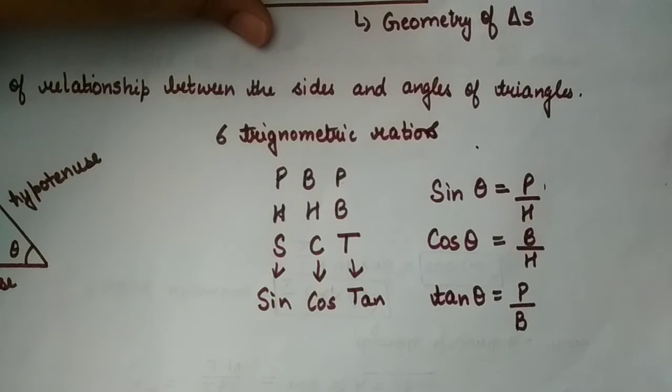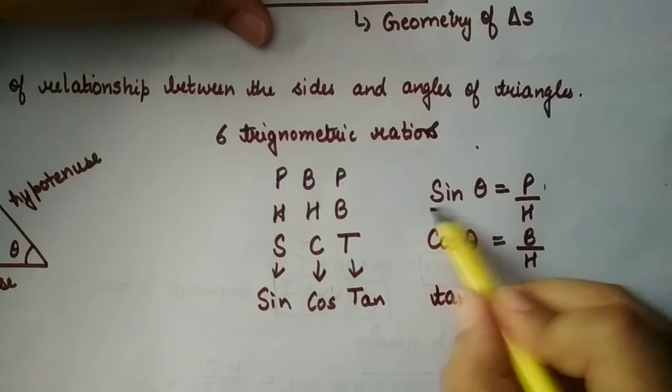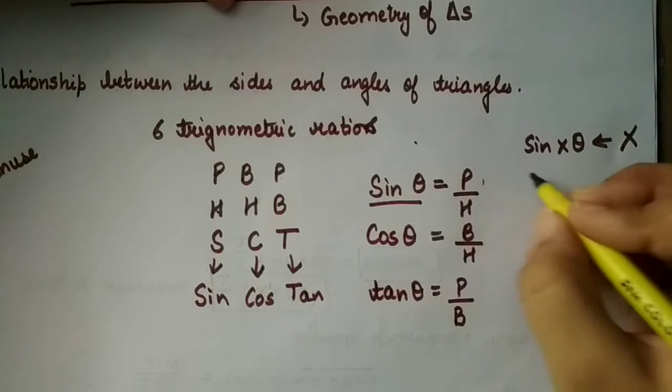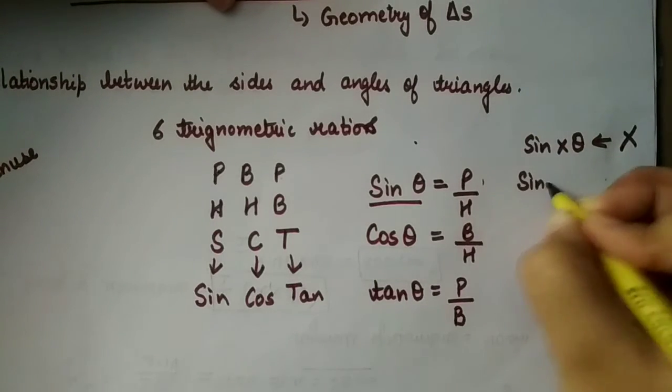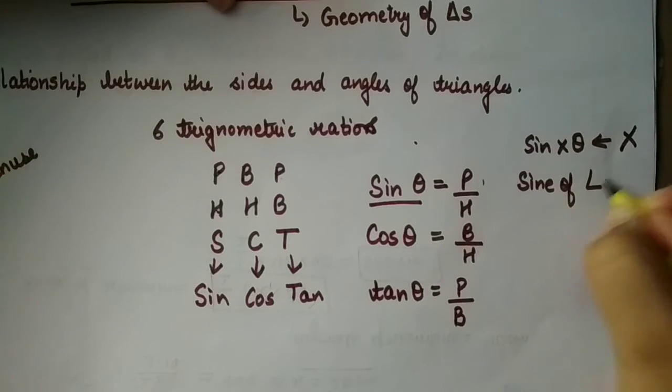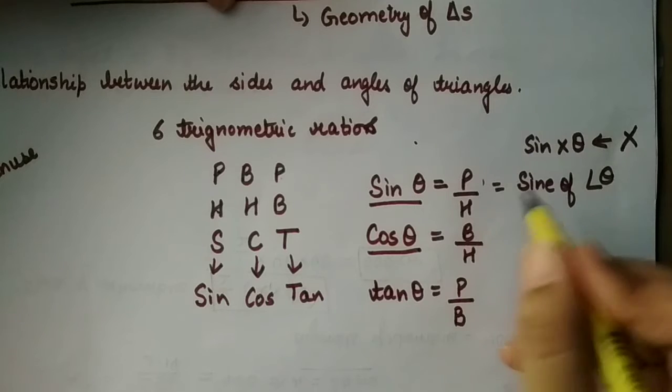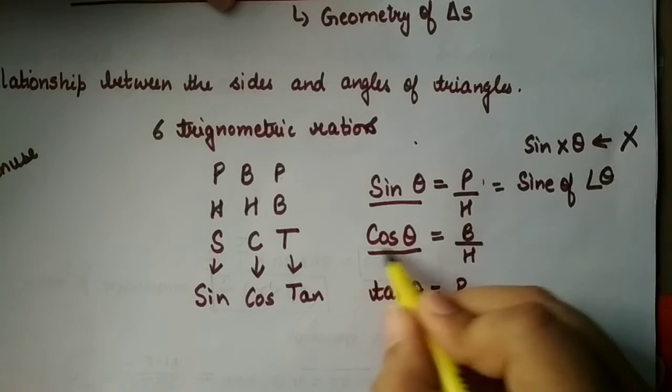These are called the trigonometric ratios. Okay, now here sine theta does not mean sine into theta. It is not correct. Sine theta means sine of angle theta. Cos stands for cosine.